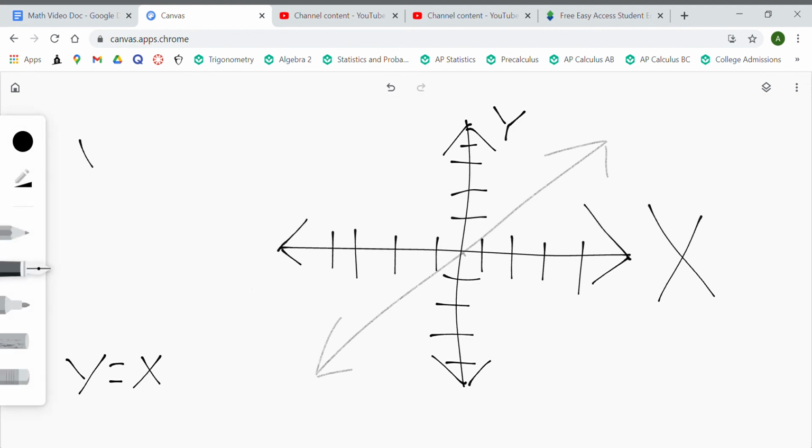Alright, so y equals 1/3 x. Alright, so now we're gonna go. Oh boy, that's pretty close, don't you think? Pretty close to the x-axis? Yeah.